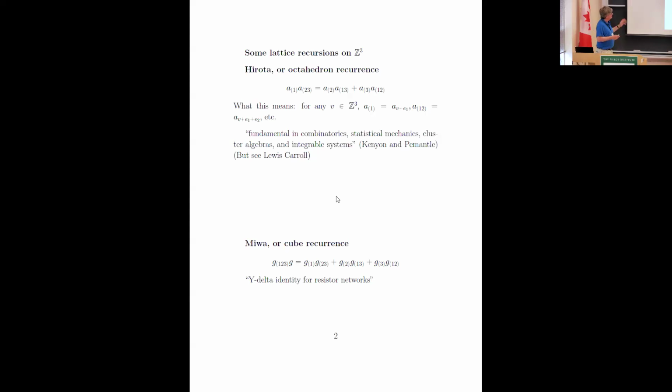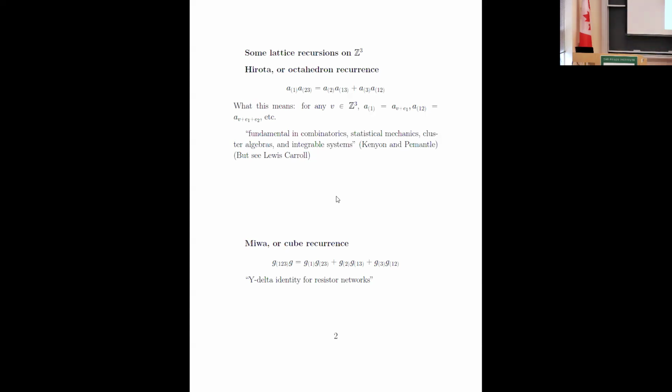You can think of models that are basically like the Ising model. I'm quoting a paper of Kenyon and Pimentel because they've got the most complicated recurrences coming soon. But in their paper, they say that under the name of Charles Dodgson, some identities for computing determinants occur in the 19th century.